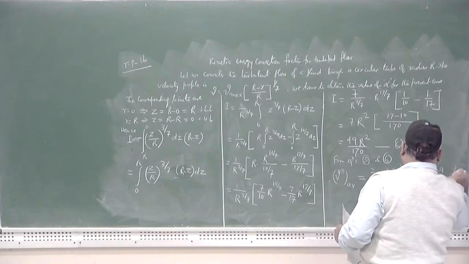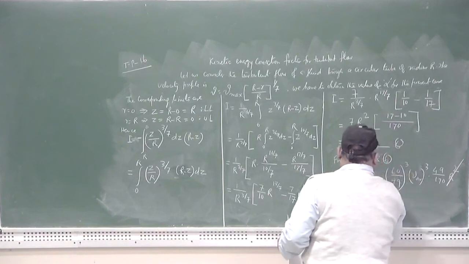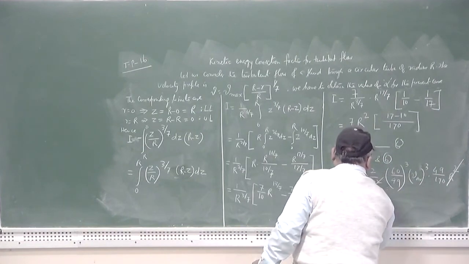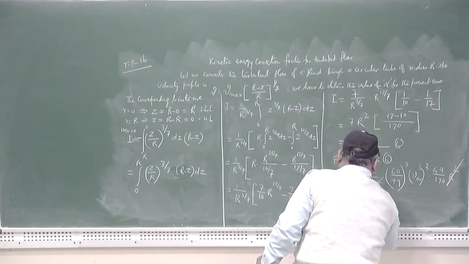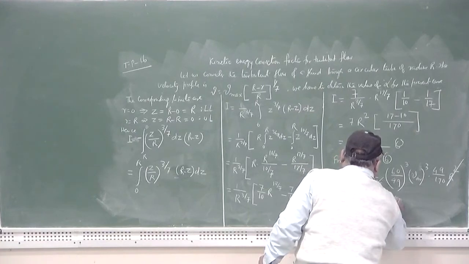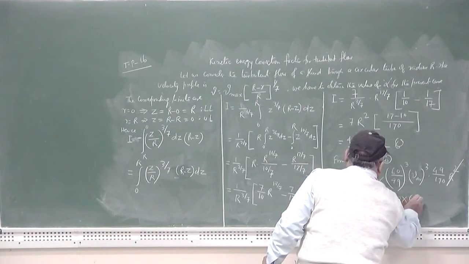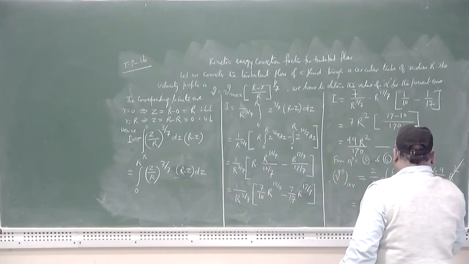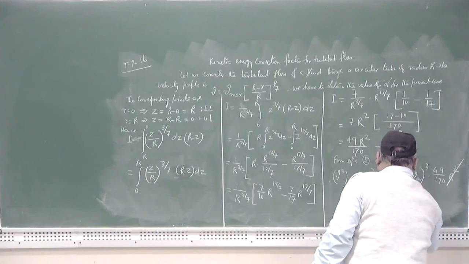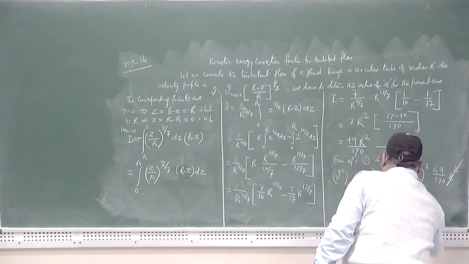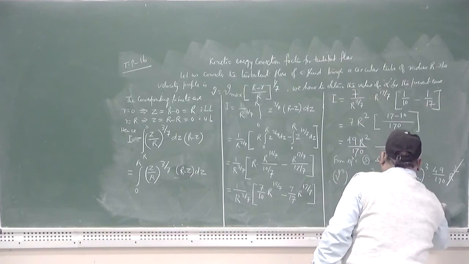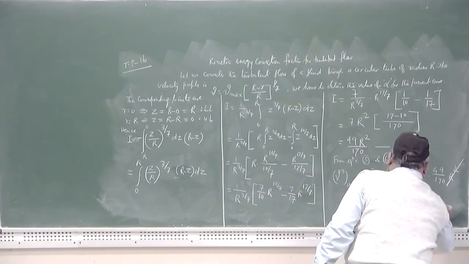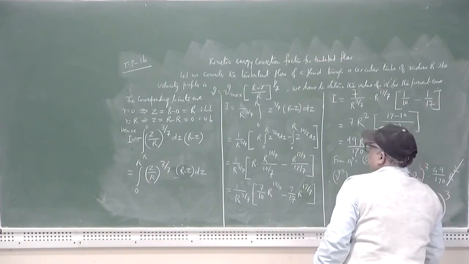This r square will get cancelled out. So, that will be equal to 2 into 60 into 60 into 60 divided by 49 into 49 into 49, that will be cancelled out from here, into 170 into V average whole cube.